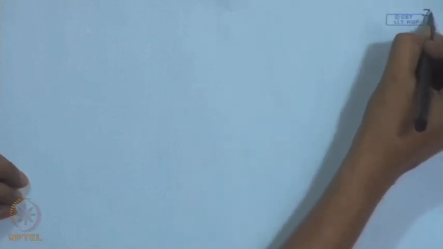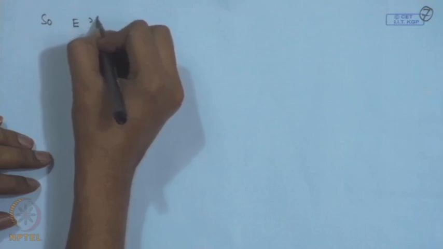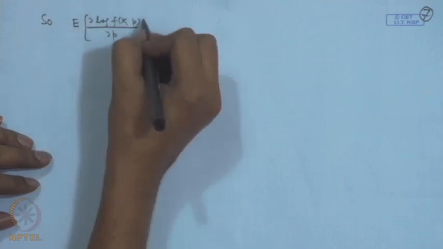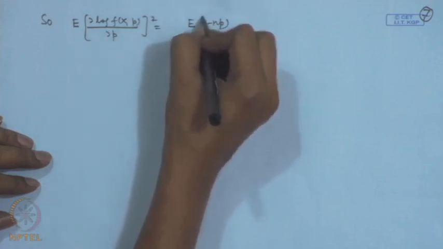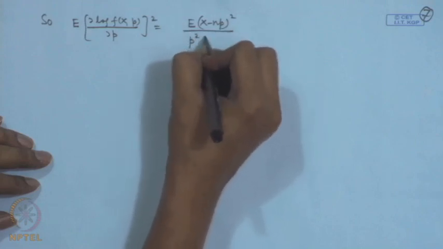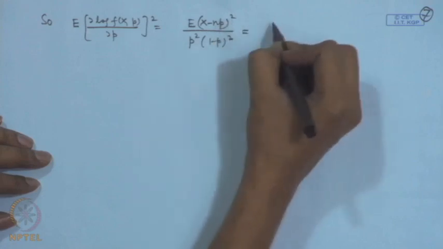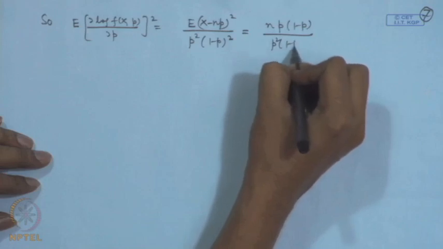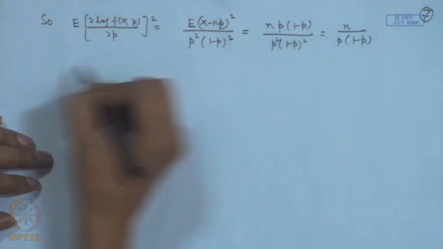So, that gives us the expectation of (x minus np) square divided by p square into (1 minus p) square. Now, this is nothing but the variance of X, that is np into 1 minus p in a binomial distribution. So, you get it as n by p into 1 minus p.